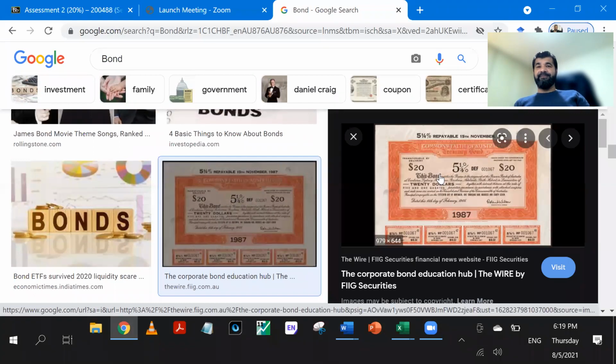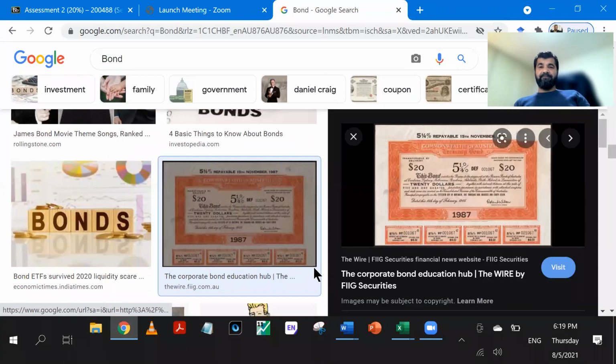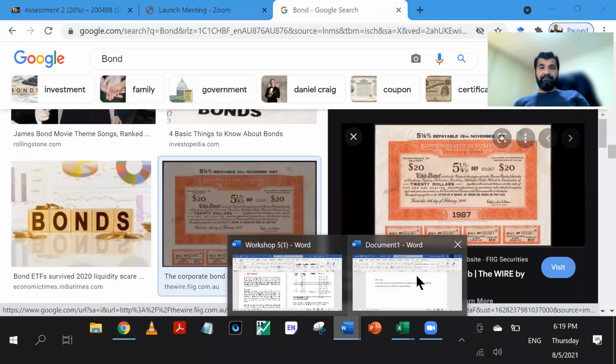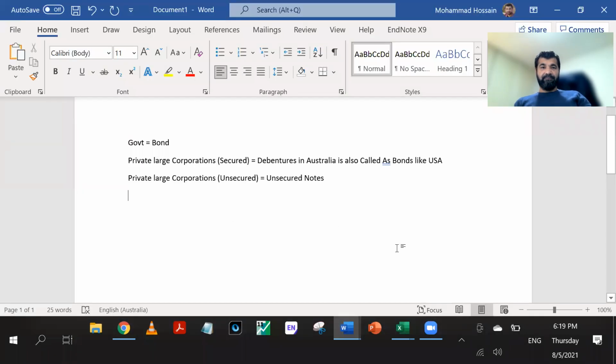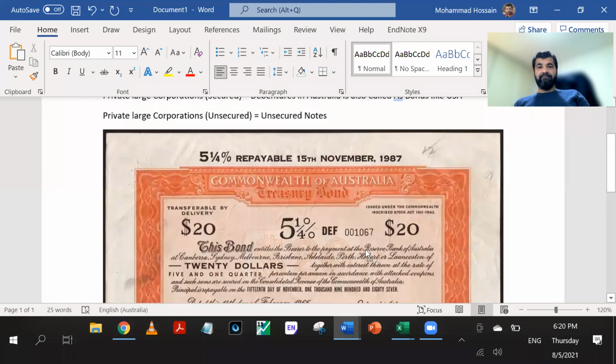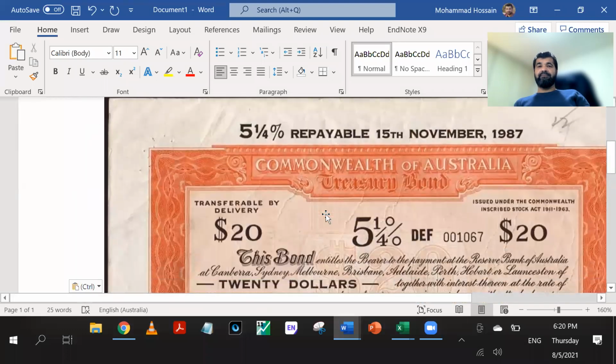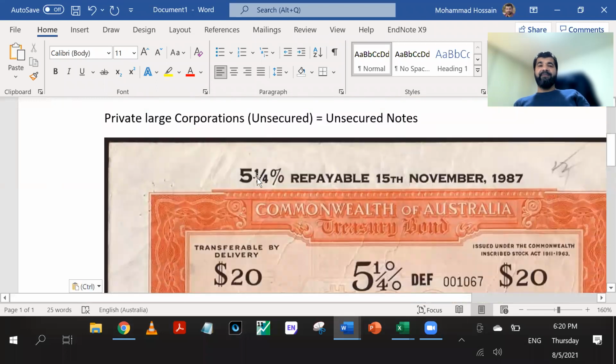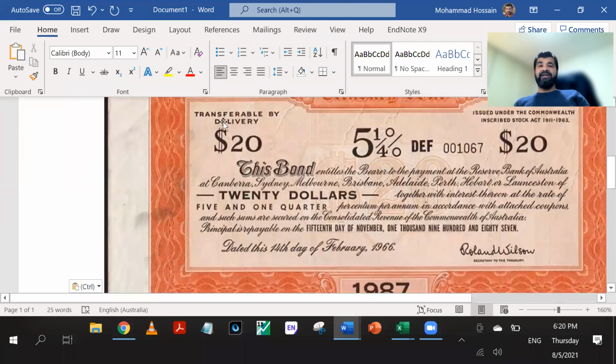This is a bond. It says 5.25%, repayable 15 November 1987. $20, transferable by delivery.